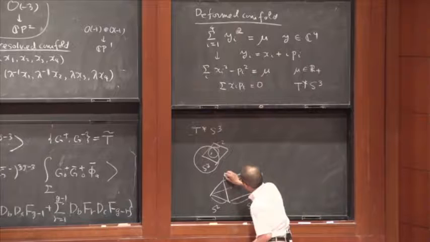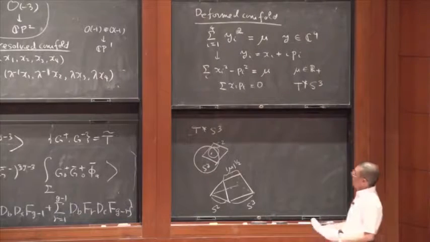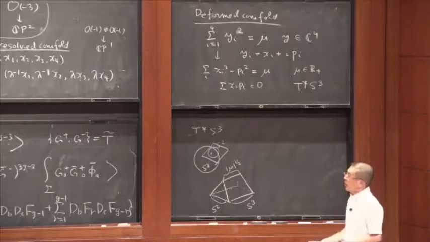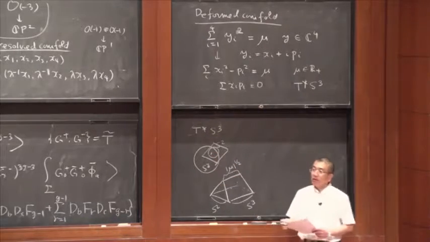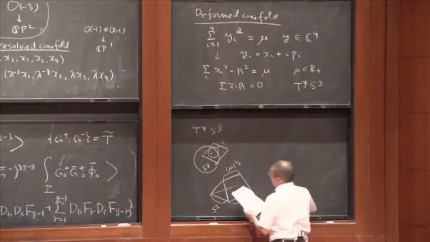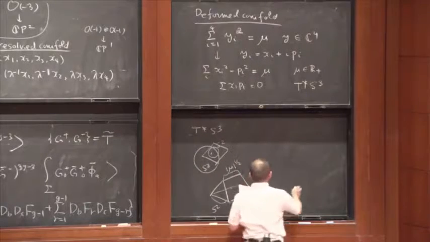And S3 has a finite radius given by the square root of mu. So if mu is non-zero, then you have a nice smooth cotangent space of S3. As mu goes to 0, S3 shrinks to a point, so you get a singular space. So that would be a conifold singularity. The resolved conifold, on the other hand, has a base CP1, which is of finite size.